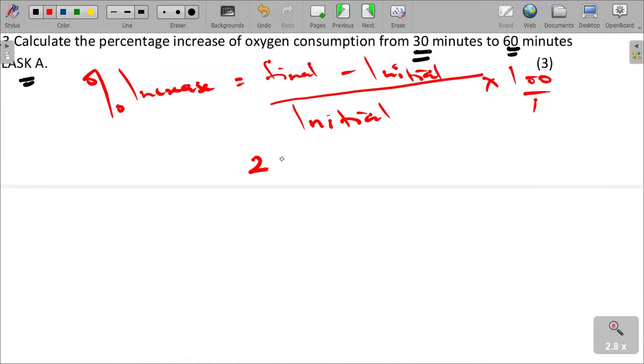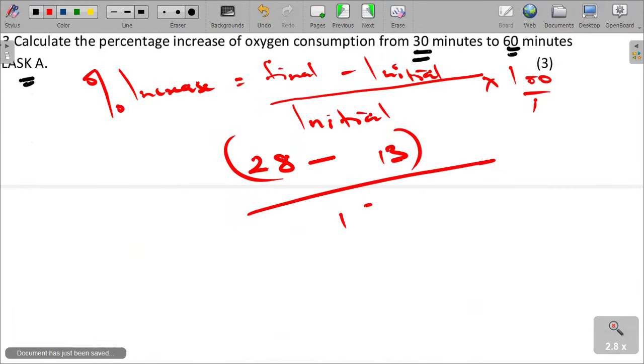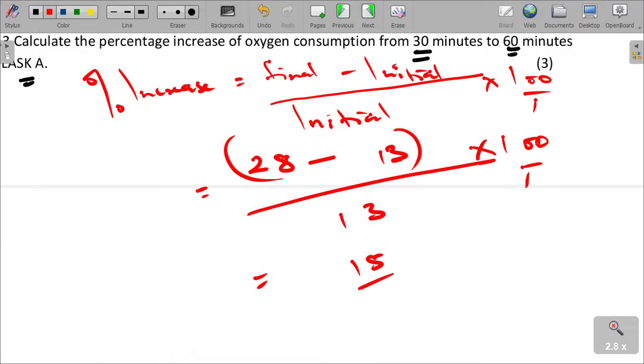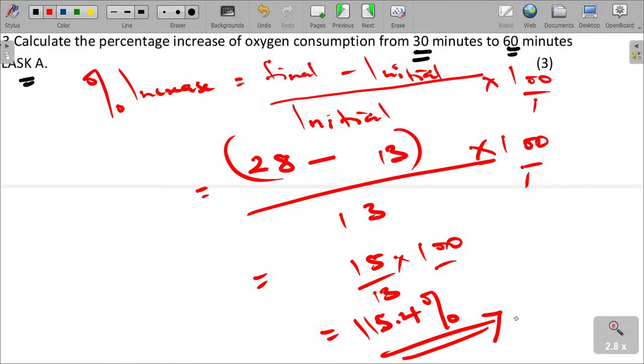So it is 28 minus 13 over 13 multiplied by 100 over 1. 28 minus 13 is 15, and then 15 over 13 multiplied by 100 gives us 115.4%. 115.4% is the percentage increase, because we are saying final minus initial over initial times 100.